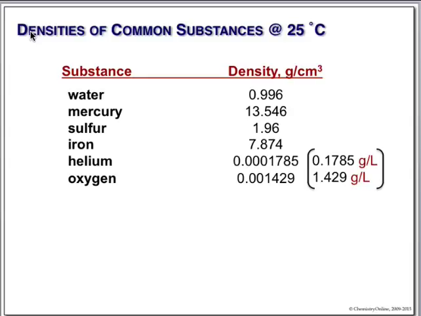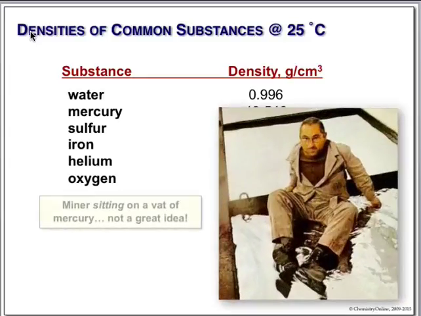Way back in 1972, I think, National Geographic did an article on mining mercury. And they put in this picture of this worker. So here's a worker somewhere, and he's actually sitting on this big tub of mercury.